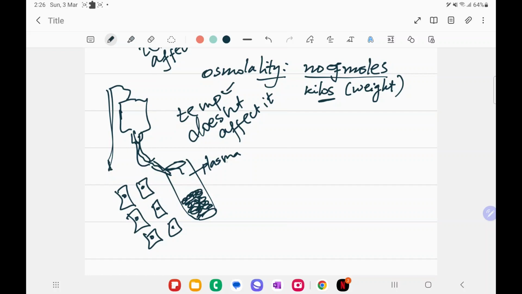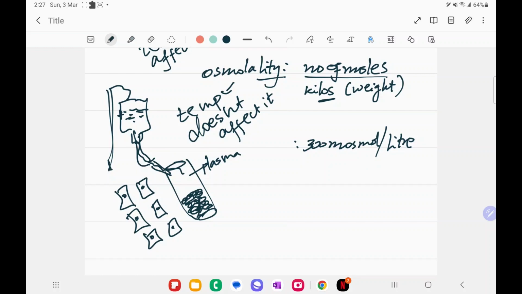Now if the tonicity of this fluid is the same as that of plasma, how much is the tonicity of your plasma? It's around, some books say, 300 milliosmoles per liter or per kilogram. It's almost the same in the human body. How much can our temperature vary? 1 degree or 2 degrees.